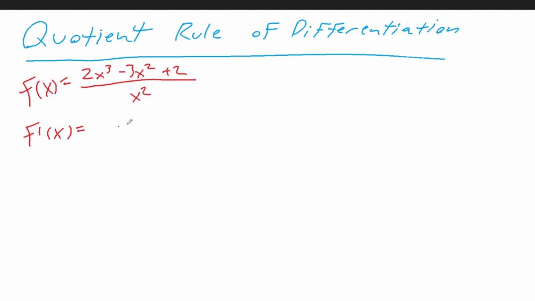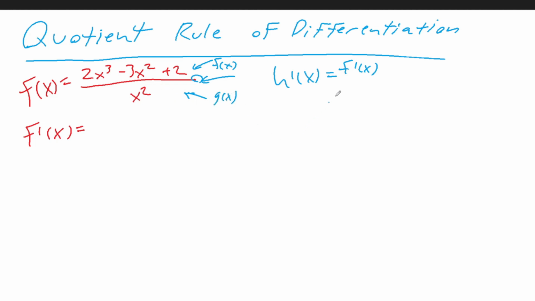So here we're given f of x equals 2x cubed minus 3x squared plus 2 over x squared. Because we see that we're dividing one function by another function, we know we're going to have to use the quotient rule. So we can rewrite the quotient rule over here. h prime of x equals f prime of x, or the top, so we'll call this top f of x, and we'll call this bottom g of x.